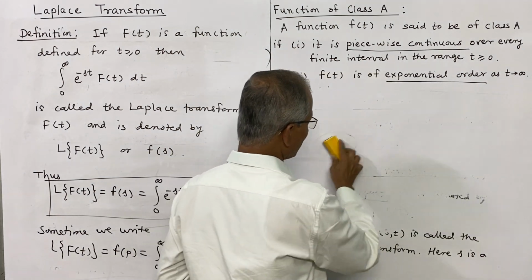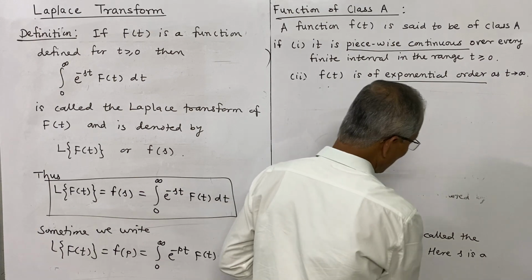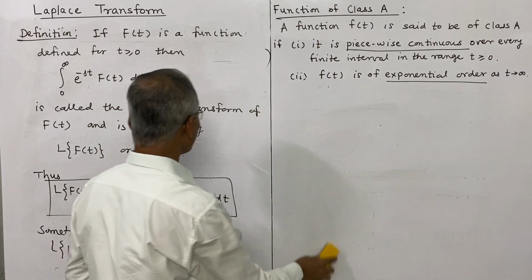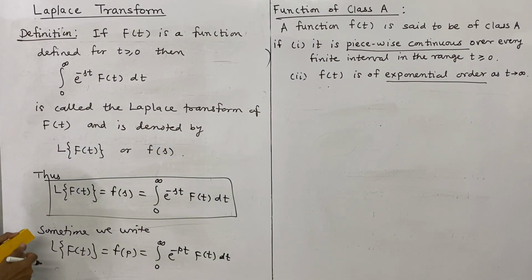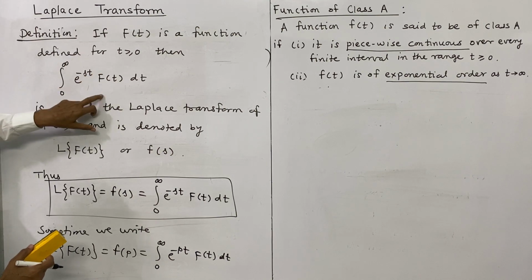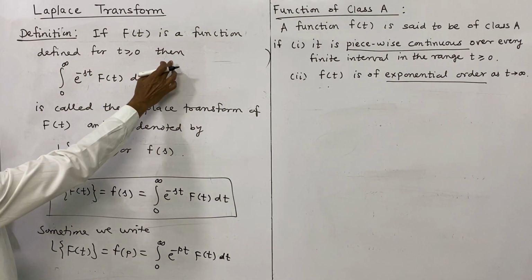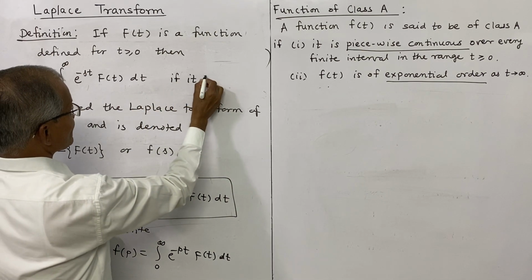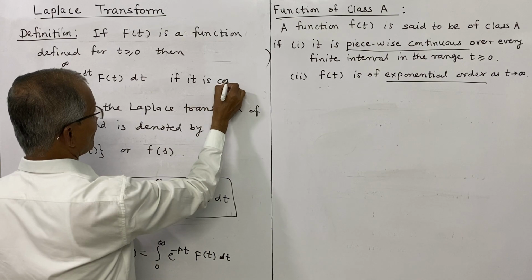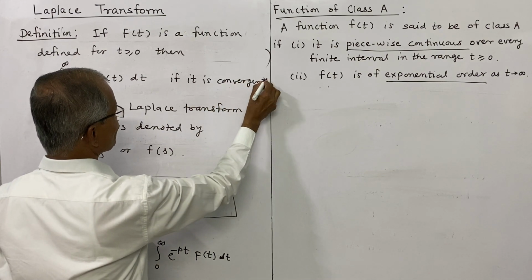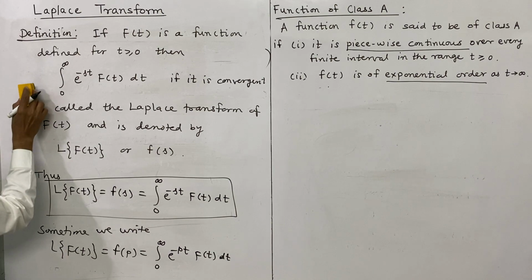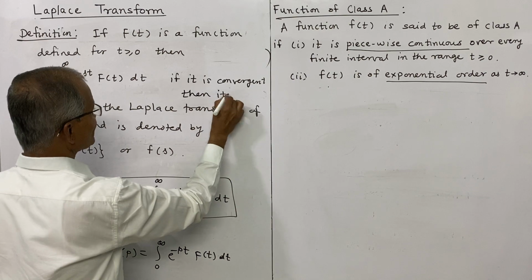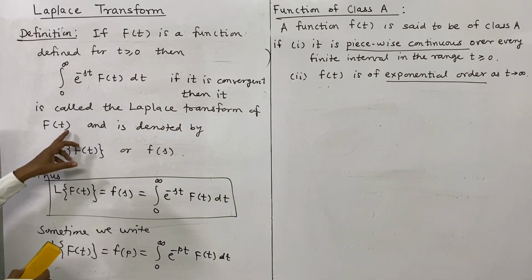Now we will state and prove a theorem on the existence of the Laplace transform. What is the condition for whether all functions have a Laplace transform? If this integral exists, that is, if it is finite or convergent, then it is called the Laplace transform of f of t.